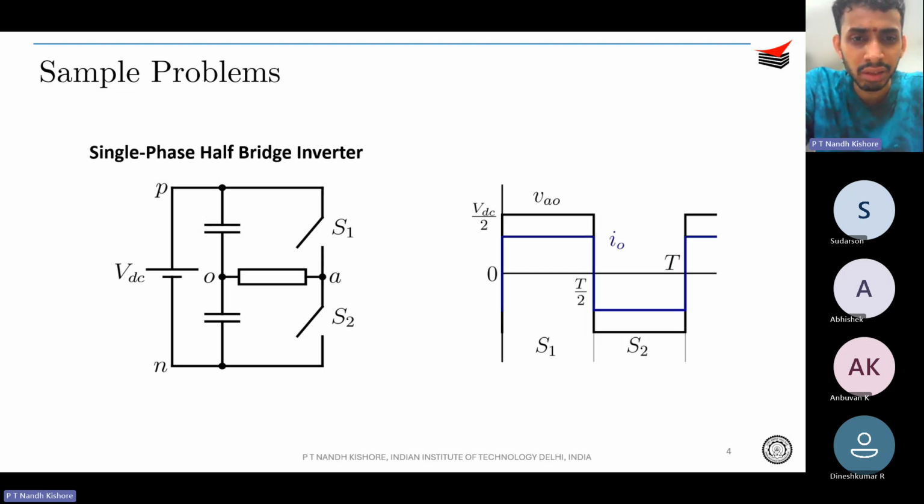When S1 is turned on, the current flows from A to O, so VDC by 2 gets applied across VAO.